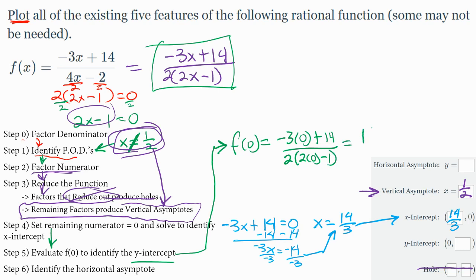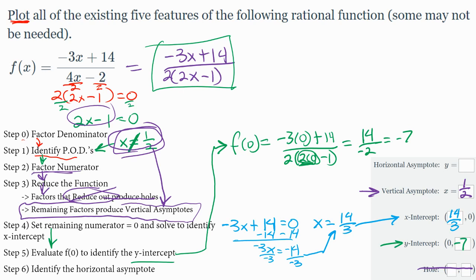That's going to give me 14 over -2, because this is going to be a 0, and -1 times 2 is -2. Which reduces to be -7. So the y-intercept is 0, -7. So we put that down here with our y-intercept, 0, -7. To keep track of that, all those points are going to be going on the graph soon.